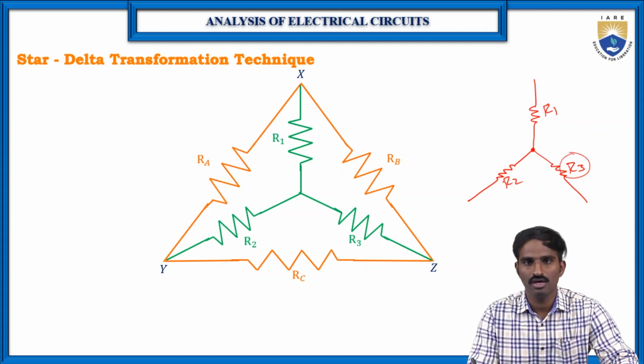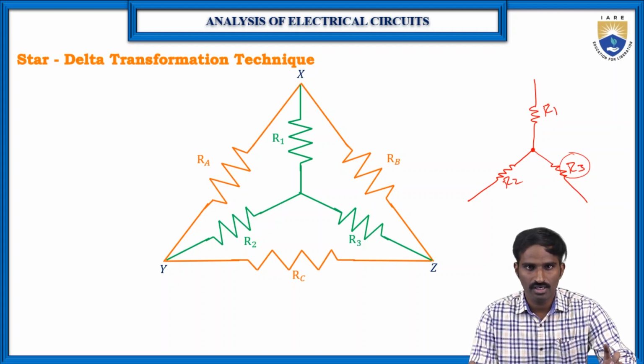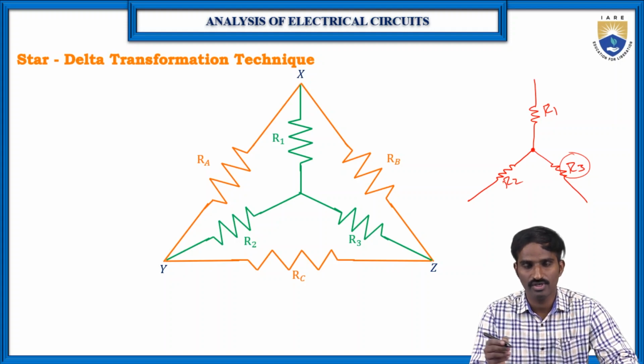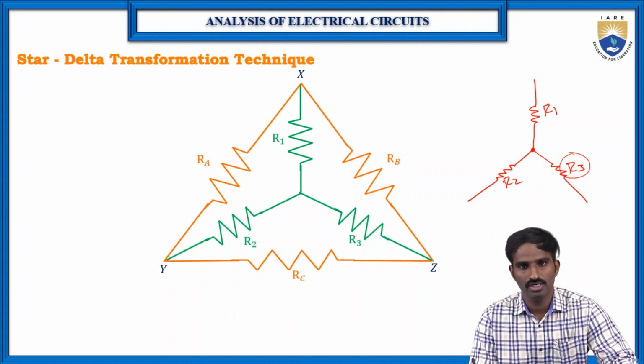Since R1 and R2 don't have two common nodes, they are not parallel. And of course there is one common node, but it is connected to R3, so these two are not in series either. So we cannot define whether those two are series or parallel. Then how do we reduce this network? In these cases, we use this star to delta transformation.